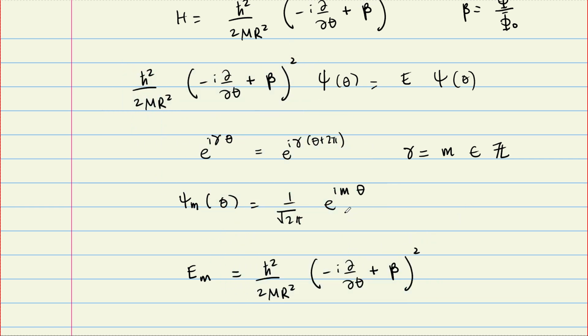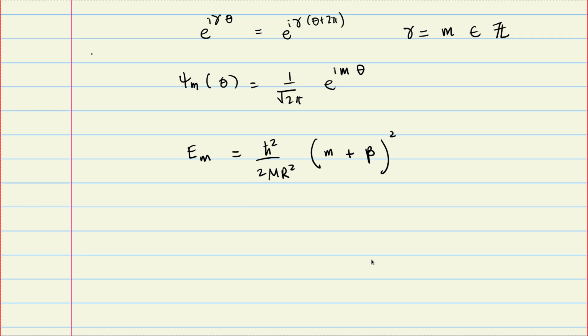I'm going to write i m wherever I see this. So this is i m, and minus i times i is 1. So this is going to be m plus beta. And I want to see for each given flux what the spectrum is, and I want to change the flux and see how the spectrum changes as a function of flux.